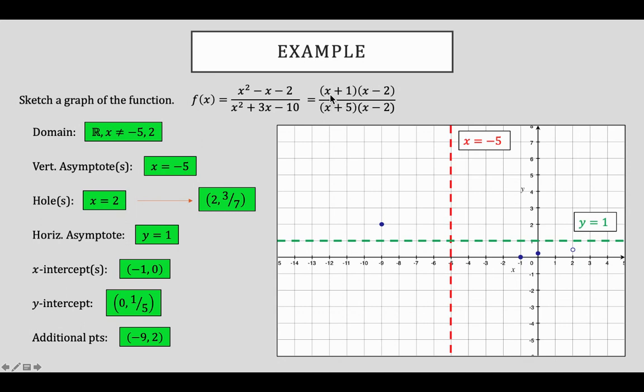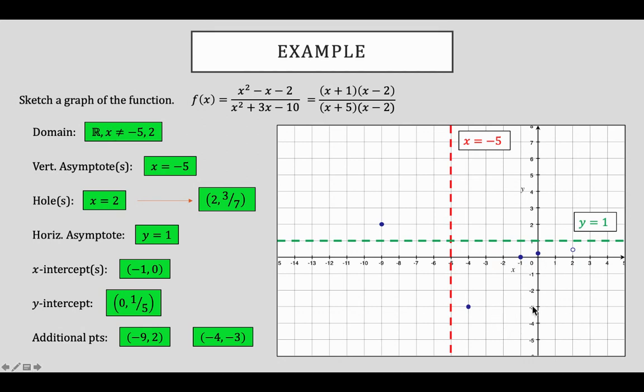Let's just plug in -4. -4 plus 1 gives me -3. -4 plus 5 gives me +1. -3 divided by +1 gives me a -3. So I have a -4, -3. I can plot that point. There I have my ordered pair, -4, -3.